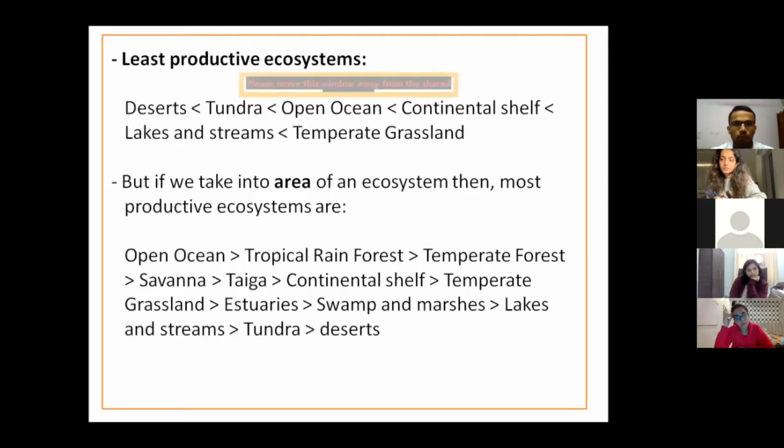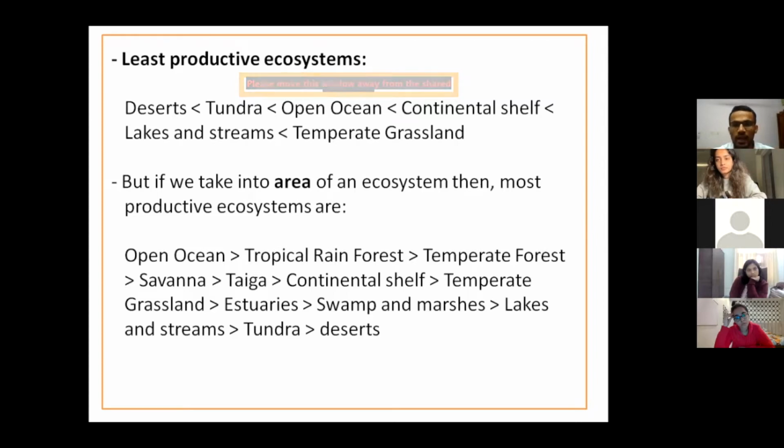Fine. Now, if we factor in area, if we consider the area of an ecosystem and then try to analyze the productivity of an ecosystem, then we can say that the open oceans are most productive. Why? Because the area covered by open ocean is the largest area on this planet, right?